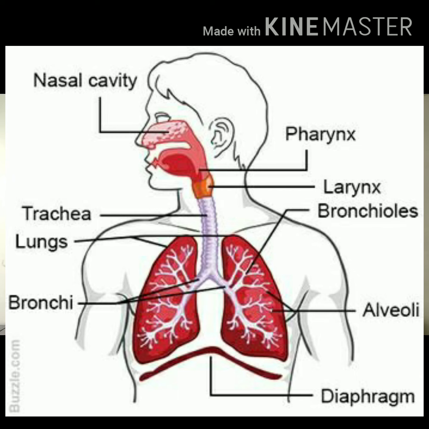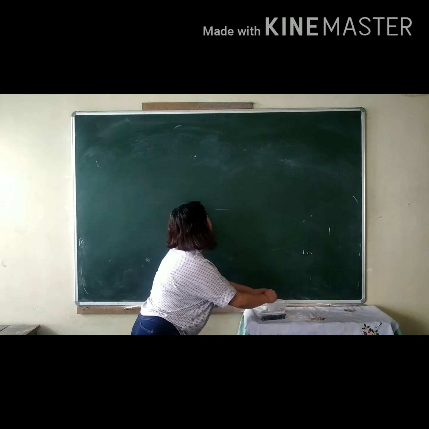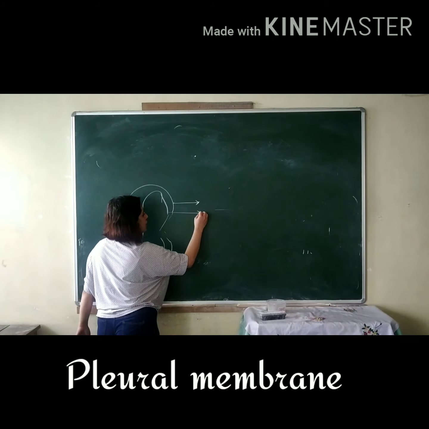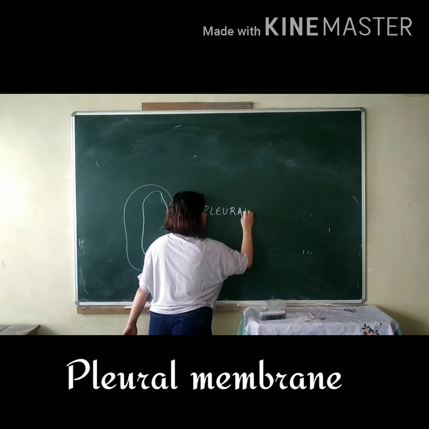Okay, now the lungs, structure of the lungs. Now, our lungs is a double-walled structure. That means it has two walls around it. Okay, and these walls are known as the pleural membrane.